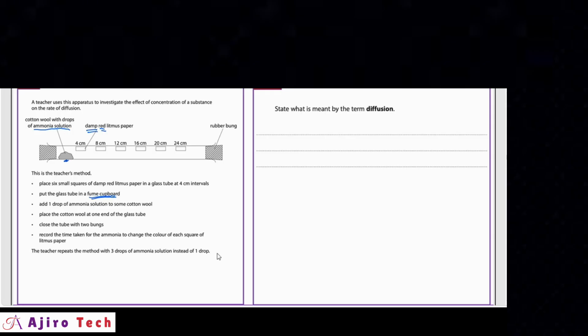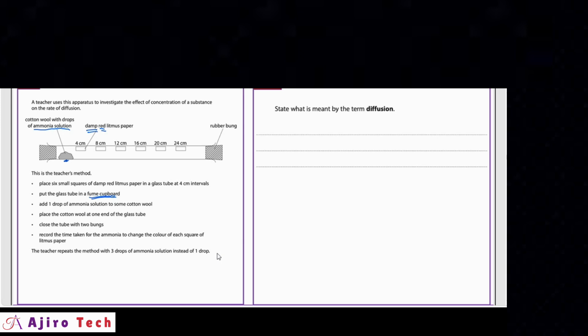Because this diffusion investigation uses ammonia solution, any ammonia that has been diluted, though it depends on the concentration, notwithstanding, if you want to make a particular concentration of ammonia, you make whatever concentration you want from a concentrated ammonia. Immediately you open the bottle of concentrated ammonia, the fume will escape. That might be dangerous to the person handling it. So that's the reason why a fume cupboard is highly recommended when this investigation is to be carried out.